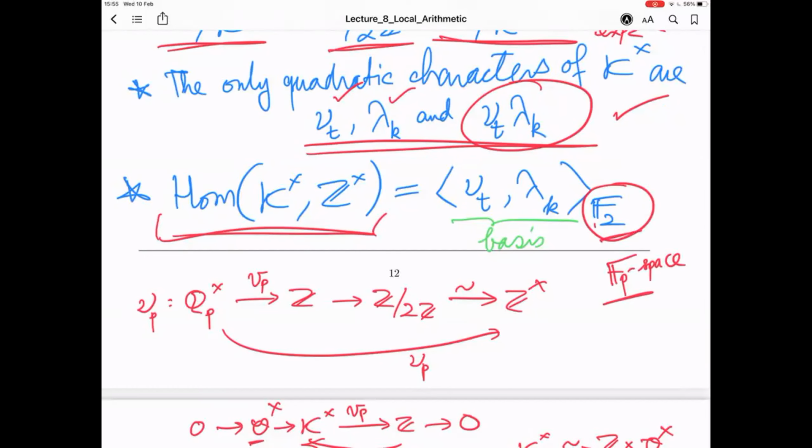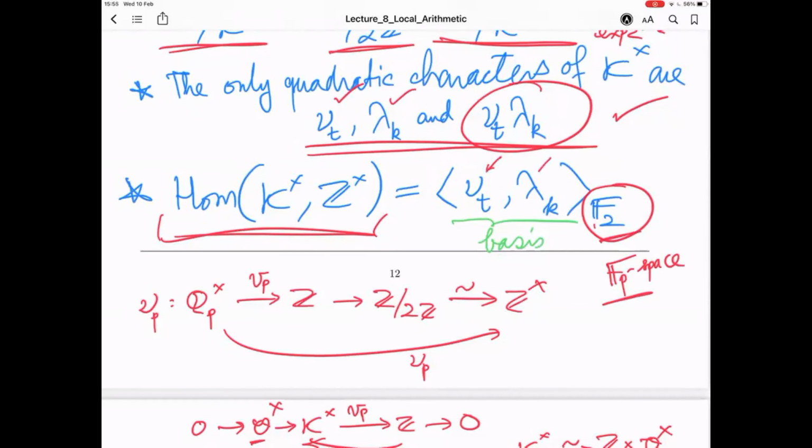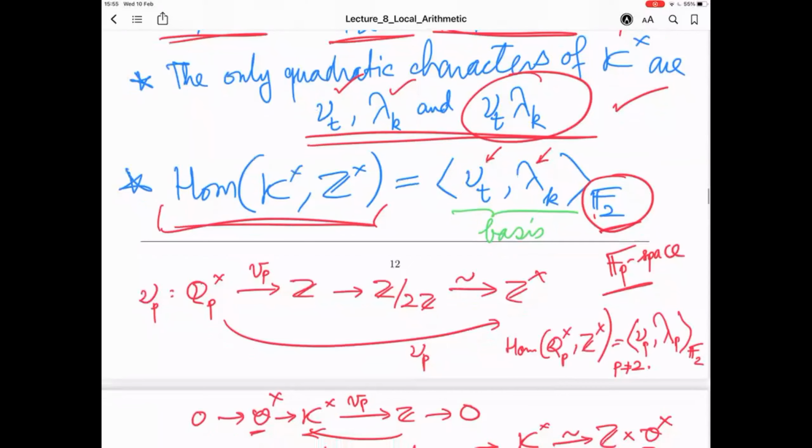And as such, it has a basis consisting of these two elements, nu T and lambda K. This is very similar to the fact that Hom(Qp star, Z star) as a vector space over F2 had a basis consisting of nu p and lambda p when p was different from 2, right? So this is in perfect analogy.